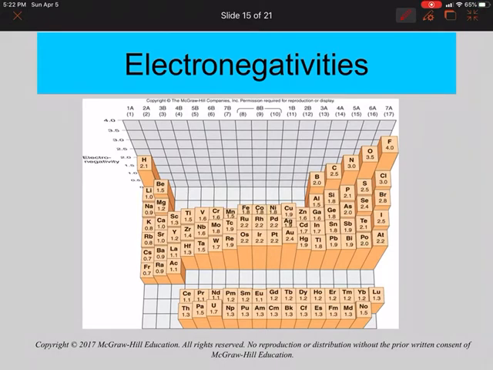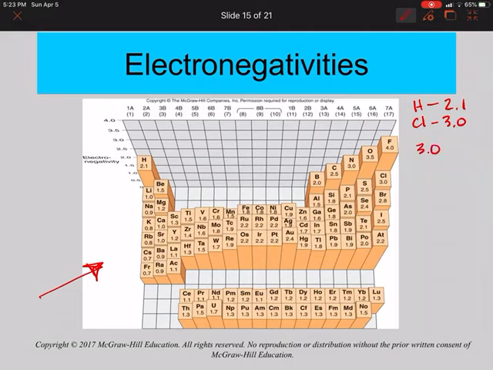So let me show you on this next one here. This is also going to be needed for your homework. This is an electronegativity table, and it's going to tell you the electronegativity values. So if we do hydrogen and chlorine again, hydrogen is 2.1 and chlorine is 3.0. This wants you to do the electronegativity difference.